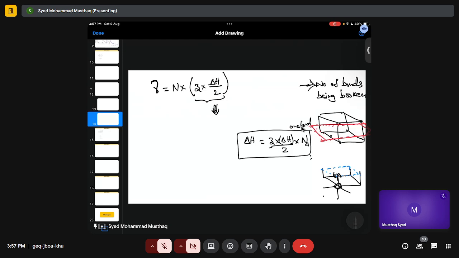So for that, this is for one bond, and this is for 1 mole. Now I just shift everything there. So it will be 2 times delta H per mole. This is easy because 1 mole of copper atoms is easy to work with, right?